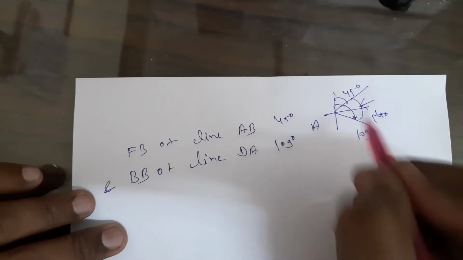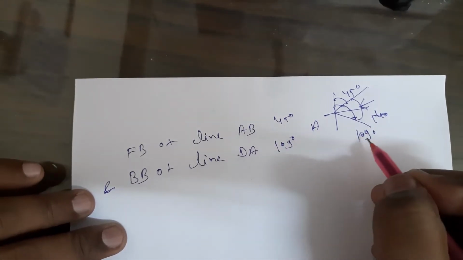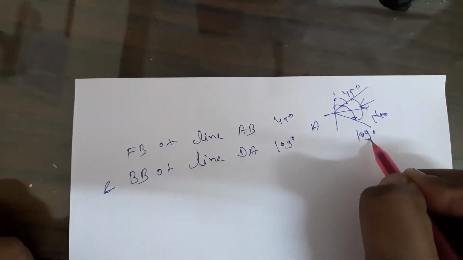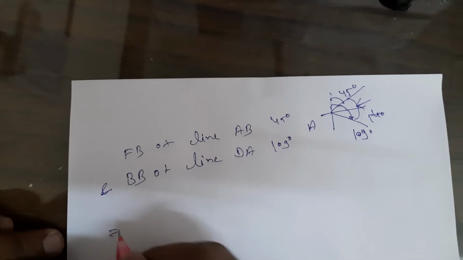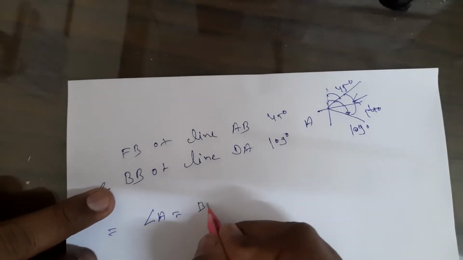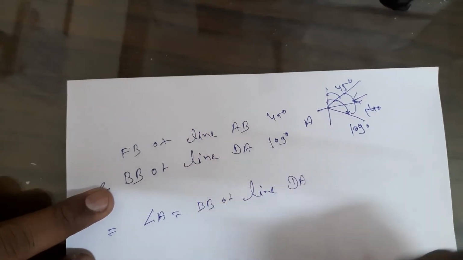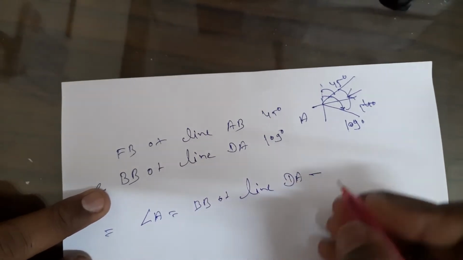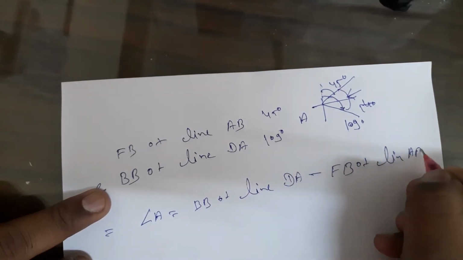We need this angle. So what do we do? Just subtract 45 from 109. Okay, so what we know is angle A equal to back bearing of line DA minus forebearing of line AB.